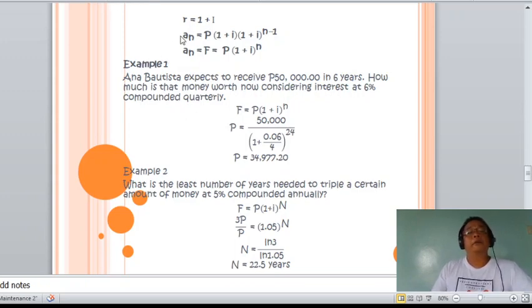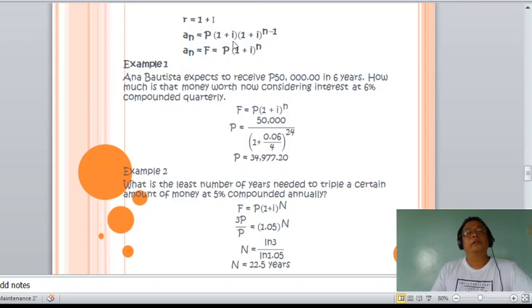So, the future amount now, Fn, is equal to P, the first term, multiplied by (1 plus i) raised to n minus 1. Or simply, F, the future amount, is equal to P multiplied by (1 plus i) raised to n.